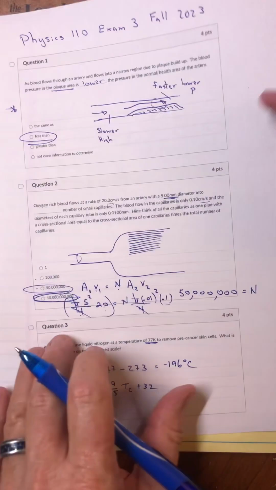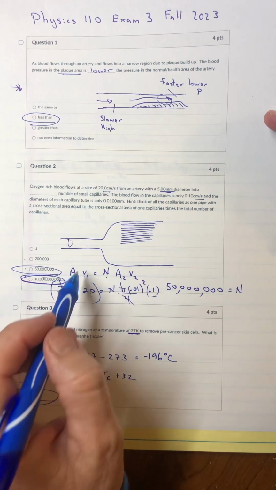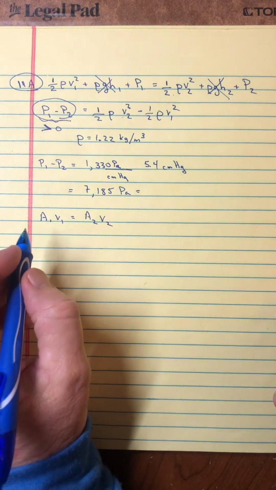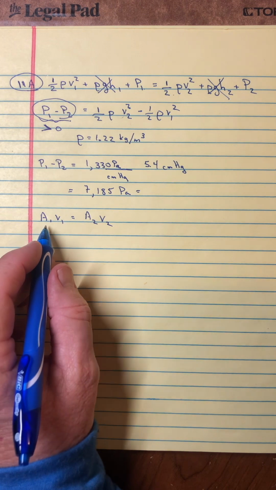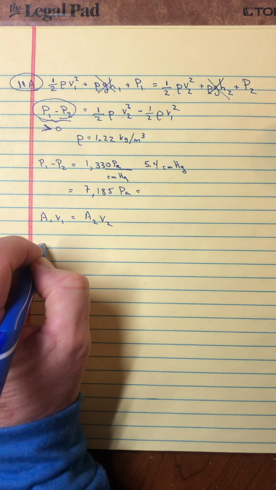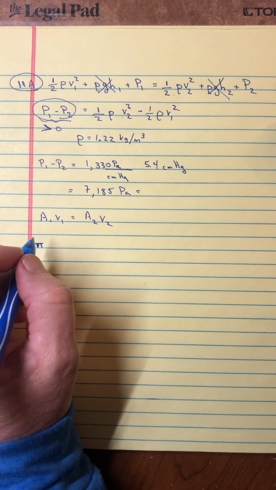There was a second one on here. So this flow rate one. And so in my case, I'm going to do what I did before. The area of this first tube would be pi r squared.